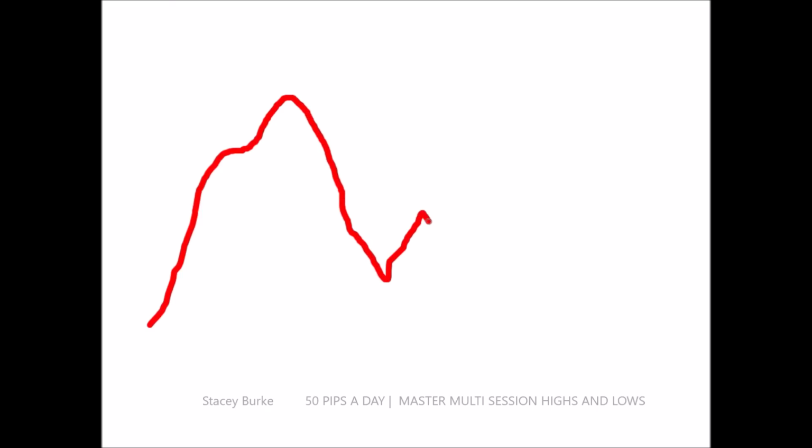But in some cases, the market may come up day 1, day 2, day 3 for a move back up. And so we'll look at some specific examples of this. But the point I'm trying to make is to be able to identify the true high.